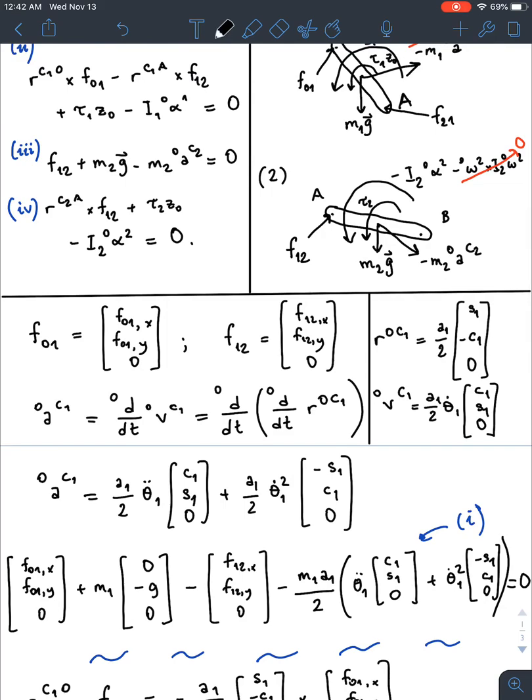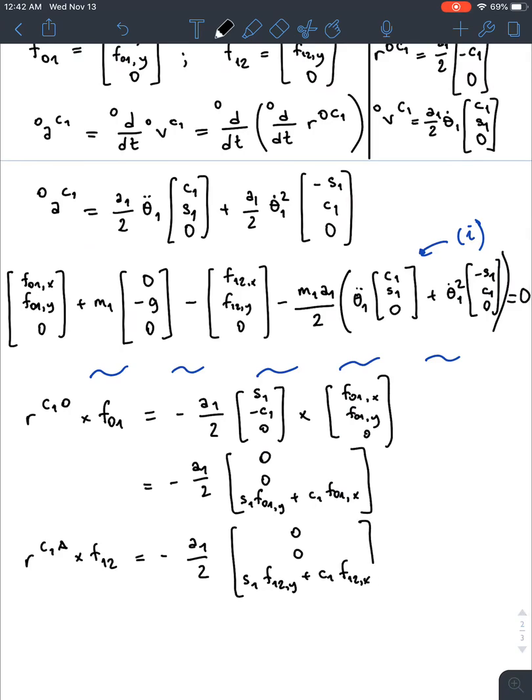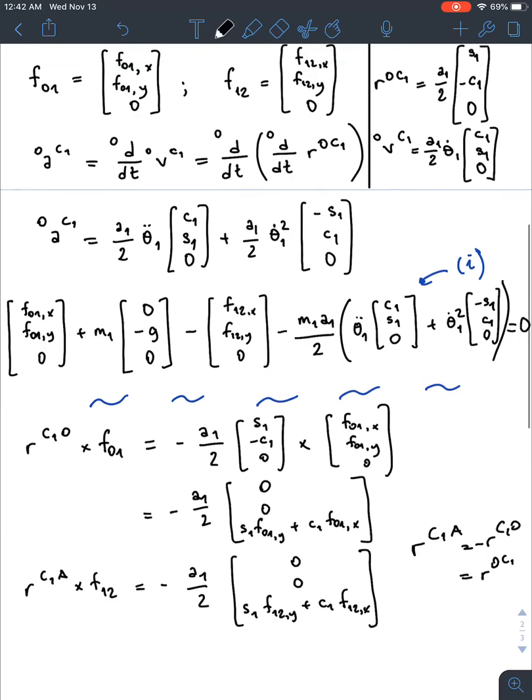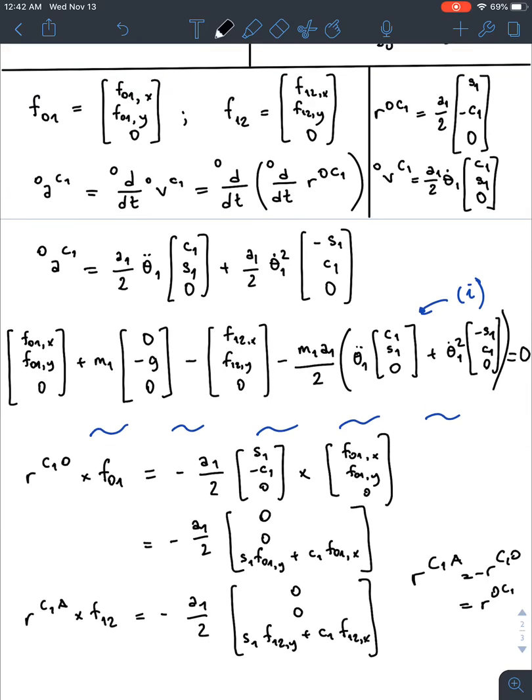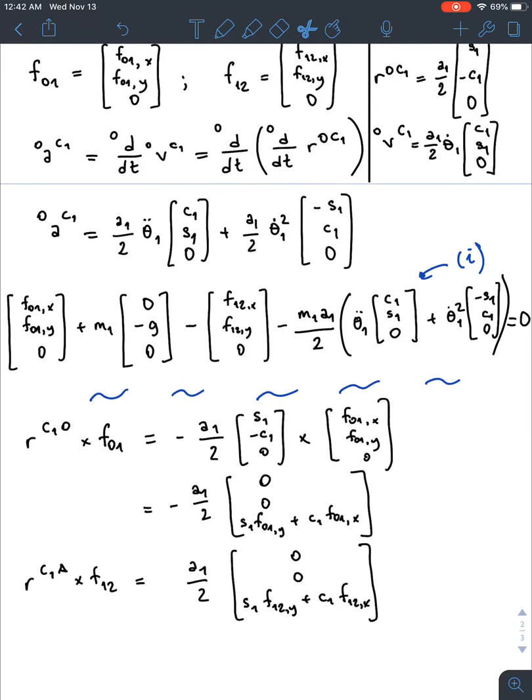C1A is exactly equal to minus C1O, which is equal to O to C1, and O to C1 doesn't have the minus, so I don't have the minus here. Okay. So far, so good.